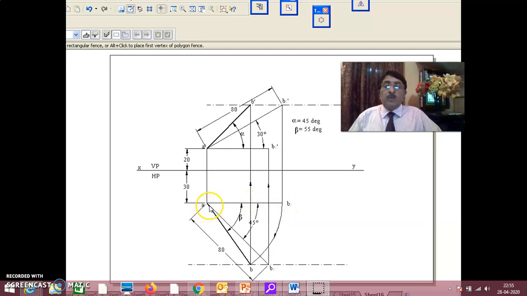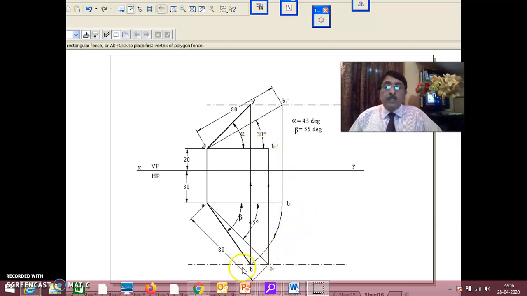Now, what exactly is the significance of the locus in the top view? As long as the inclination to HP is constant, you see in this problem, this is 30 degrees, and in the entire procedure of drawing an arc, the inclination to HP is 30 degrees only.